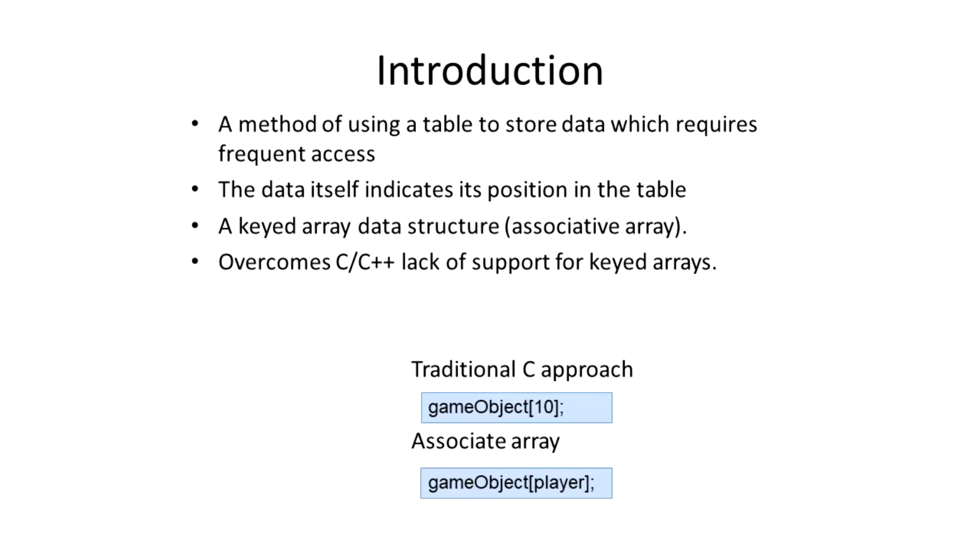Okay, so the associative array still works on this principle of storing values at a numbered index, a numbered position within the array, but rather than referring to this position through an integer value, we can substitute that with a more meaningful value, which has an association with the integer index where the particular value is stored in the array.